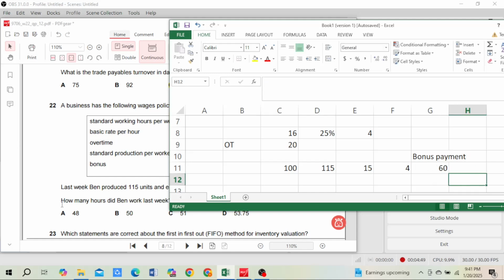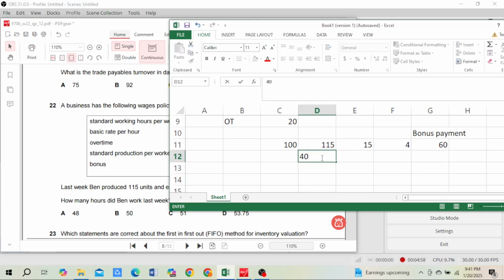Okay, the question was asking how many hours did Ben work. Normally his working time is 40 hours, and for each hour he gets 16 as a normal rate. So if he works 40 hours at 16, his normal payment is 640, and for producing 15 units extra he gets a bonus of 60.